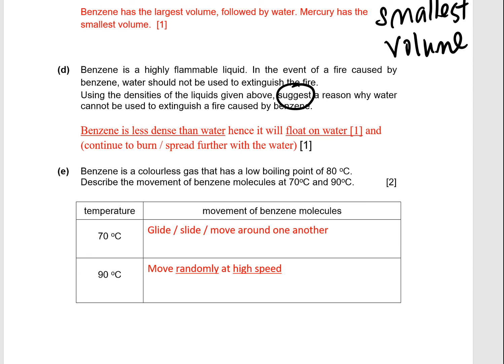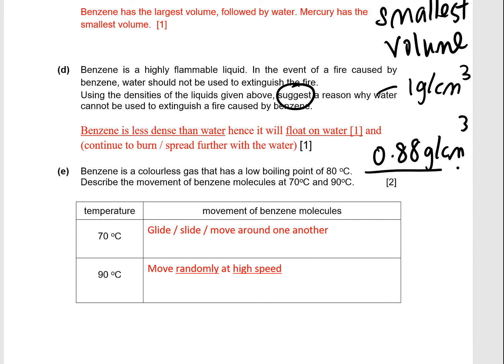So they said, why water cannot be used to extinguish a fire caused by benzene? Well, it is already given that benzene has a density of 0.88 grams per cm cube, and water's density is 1 gram per cm cube. So benzene's density is smaller than water's density.